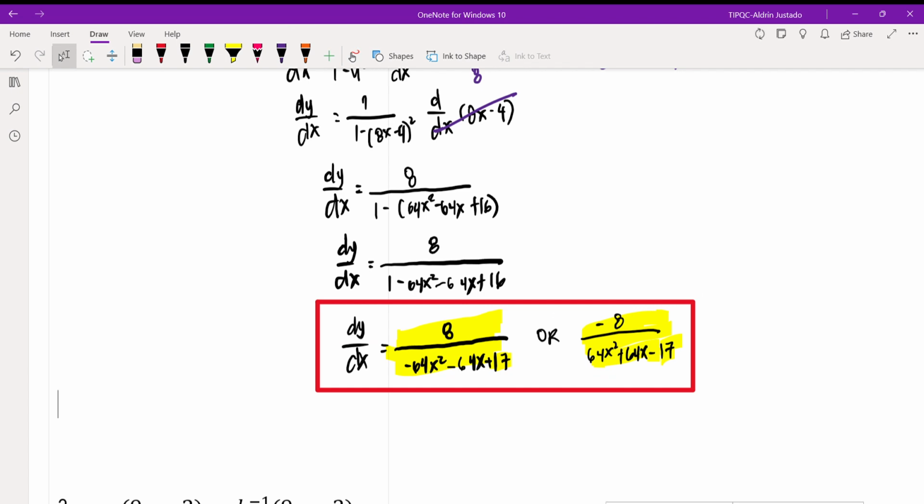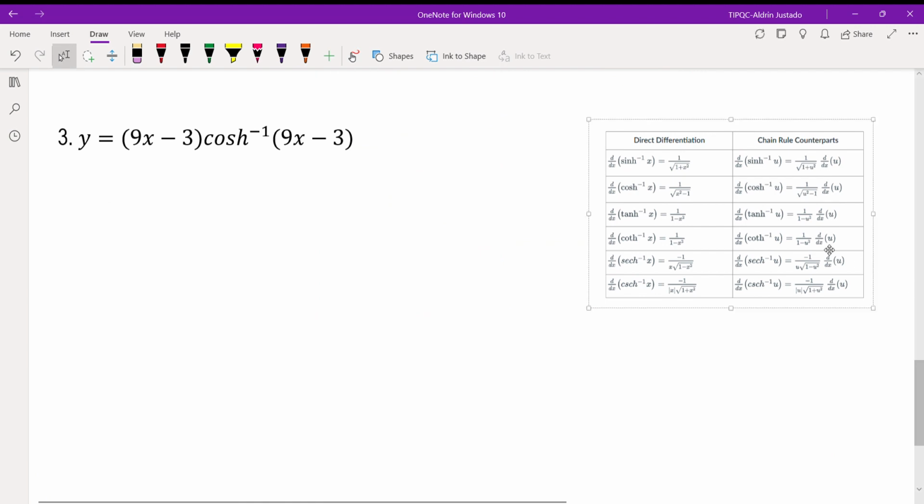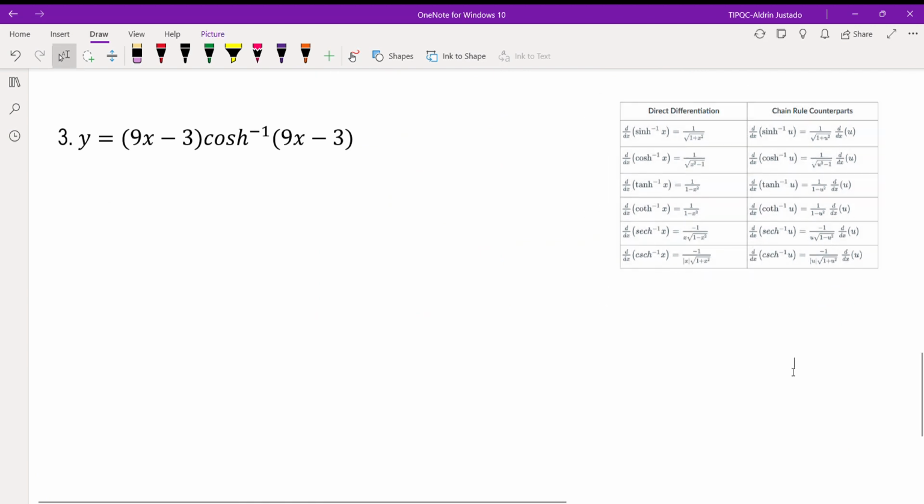Okay, let's try to solve problem number 3. y is equal to 9x minus 3 times the inverse hyperbolic cosine of 9x minus 3. So, can conclude na product rule na naman to.